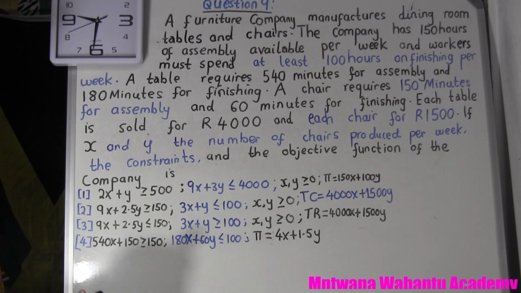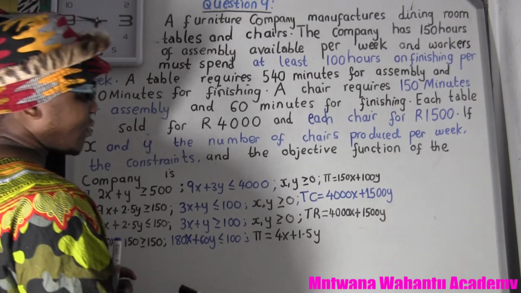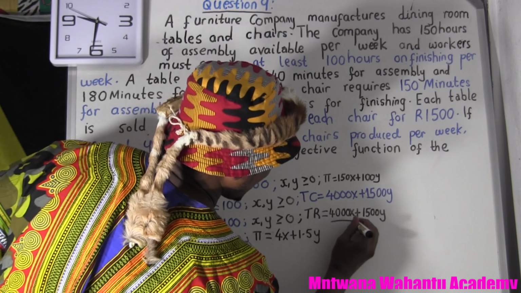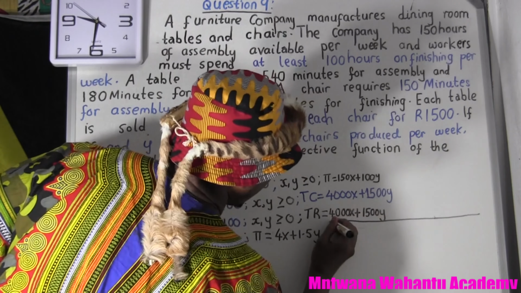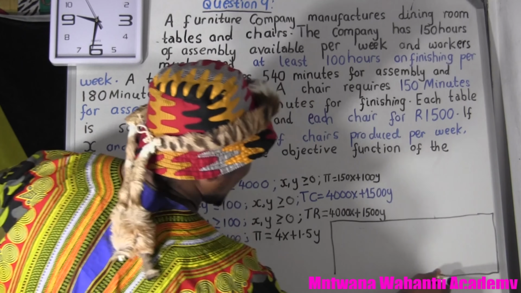Okay, cool. I'm going to draw a small table here. I don't need a bigger table. All of this is going to be enough, and we'll be solving everything here.